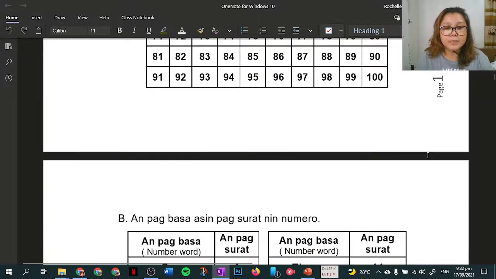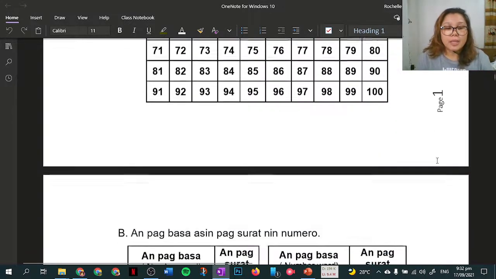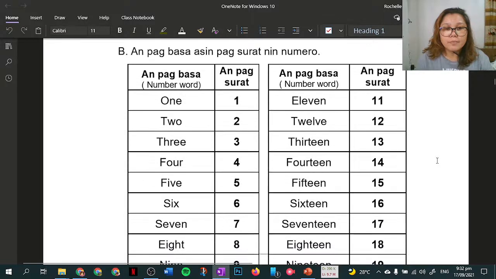Okay. Now that these are presented in symbol, ang tawag pala dyan, numbers in symbol. And then this time, they are written in 2 ways. So ang pagbasa as in pagsurat ng numero, the way you read and the way we write the numbers. So ang pagbasa, number word, this is how it is spelled.